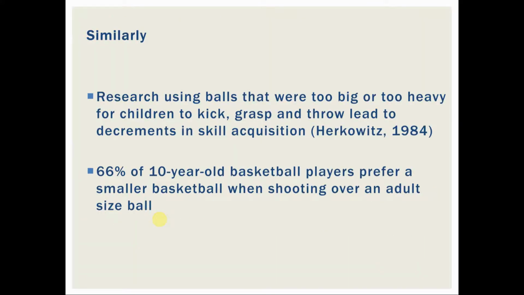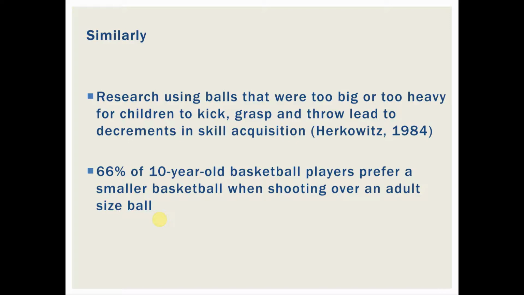And similar research demonstrated that when learners used balls that were too big or too heavy to kick, grasp, and throw, it actually led to decrements in skill acquisition. And 66% of all 10-year-old basketball players actually prefer a smaller basketball when shooting over an adult-sized ball. So learners are really good at figuring out which equipment they would need so that they can match their intrinsic dynamics with the task dynamics.